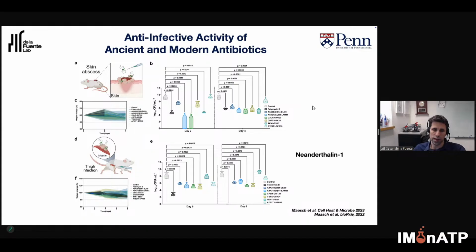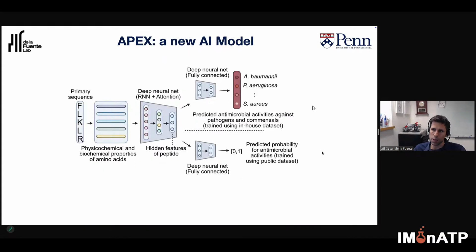And so for several years, painstakingly, my lab developed and trained from scratch Apex, which is a completely new AI model. It's a sequence to function prediction AI model, and what it does is, given an amino acid sequence, it's able to directly predict the antibiotic activity of that sequence.